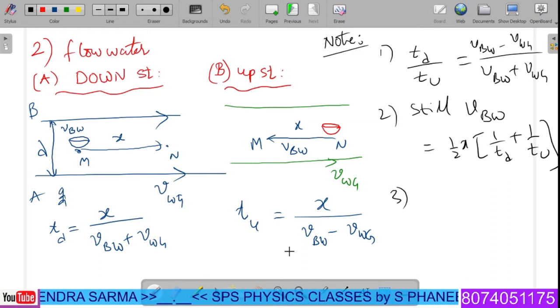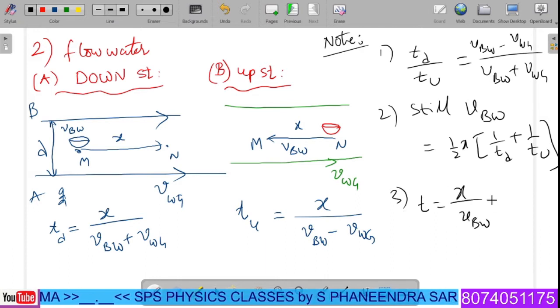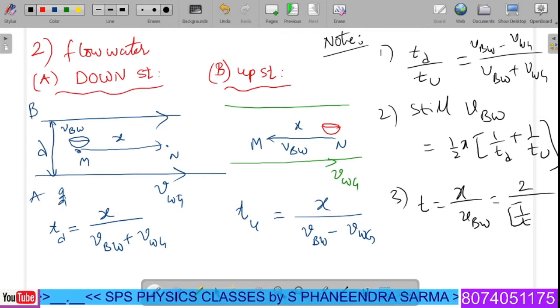The third important formula: they will ask you for the total time required for this particular journey. In such a case, time of journey is simply given by x by VBW, which is also equal to 2 by 1 by TD plus 1 by TU.